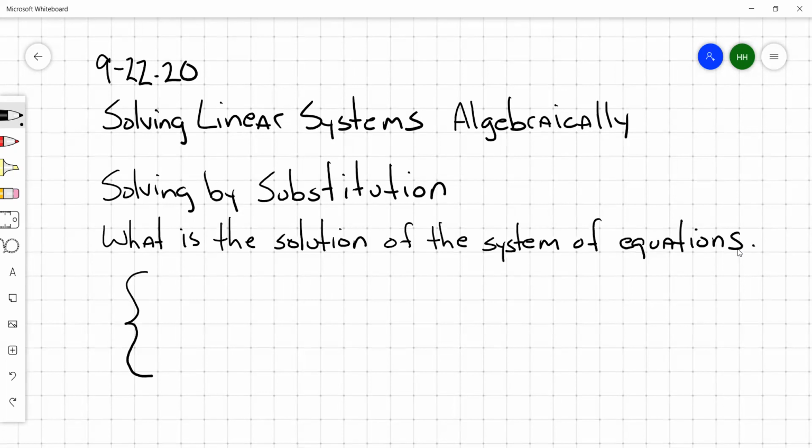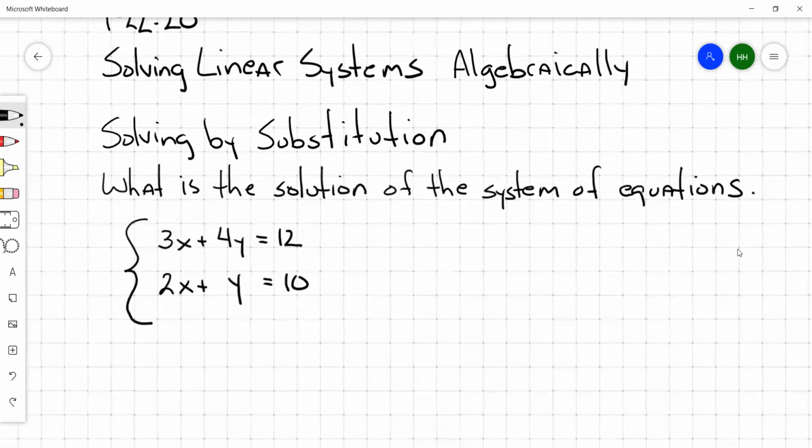We've got 3x plus 4y equals 12. And we've got 2x plus y equals 10. And we need to solve for x and we need to solve for y.